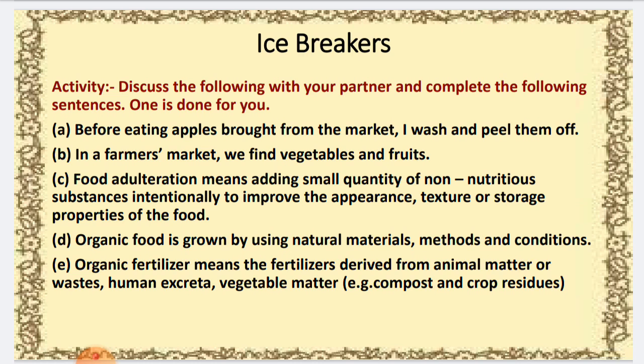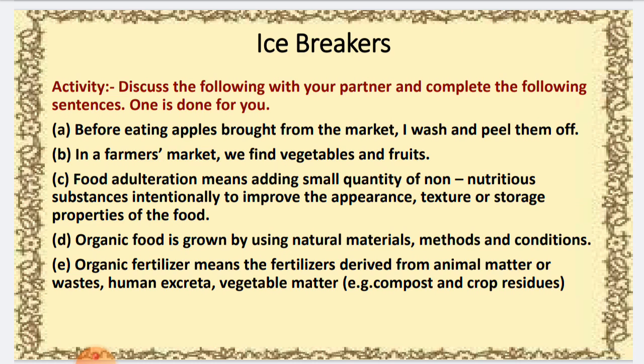First activity is, discuss the following with your partner and complete the following sentences. One is done for you. Students, if possible, please keep your book open. We are on page number 25. We have been given incomplete sentences and we are expected to complete them by writing our own responses.